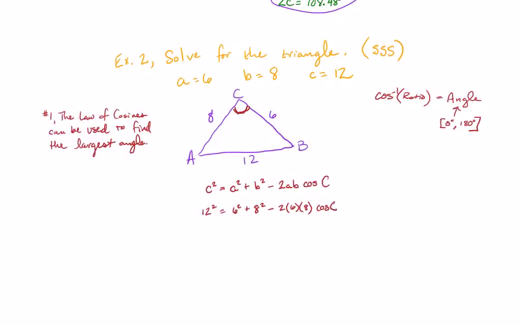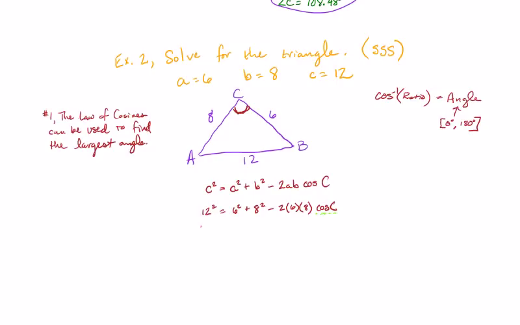cosine of C. Notice the angle is what I am trying to find, so I am going to get everything away from the cosine of C. I'm first going to do some algebra to get everything away from that, and then I'll use the inverse cosine. We shouldn't do that until we've first gotten everything away.